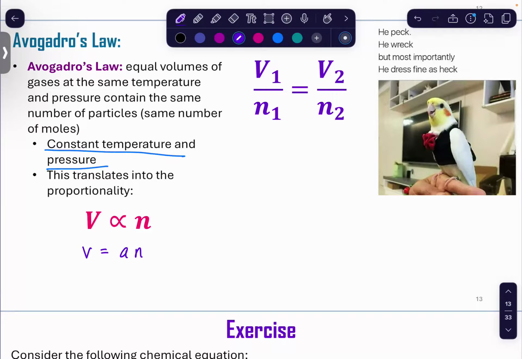Okay, and like we've been doing, let's get that constant by itself. So I divide through by N, and I get V over N equals a constant.